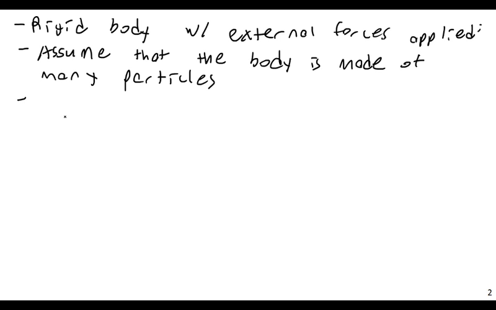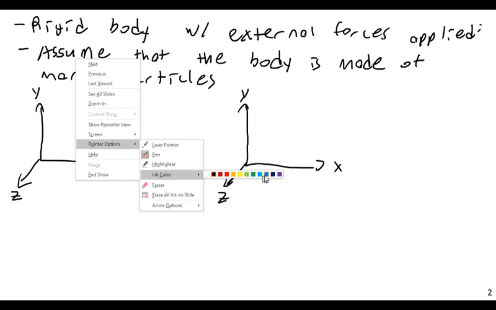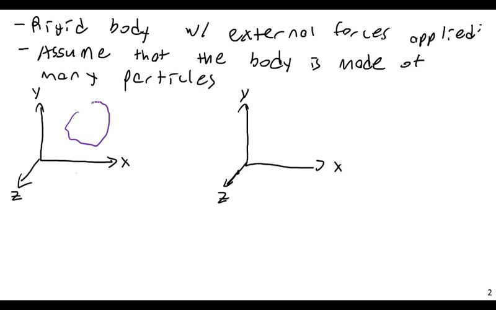Let me draw an arbitrary system here and say we're going to have an XYZ axis. I'm first going to draw the same arbitrary potato twice, or the arbitrary rigid body, if we prefer that. Because it's arbitrary, that's okay.